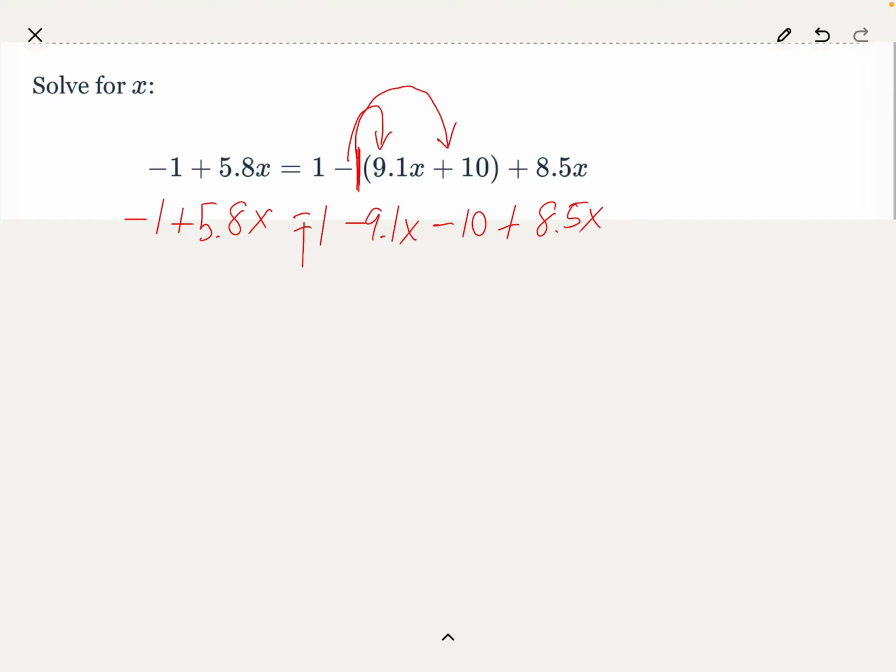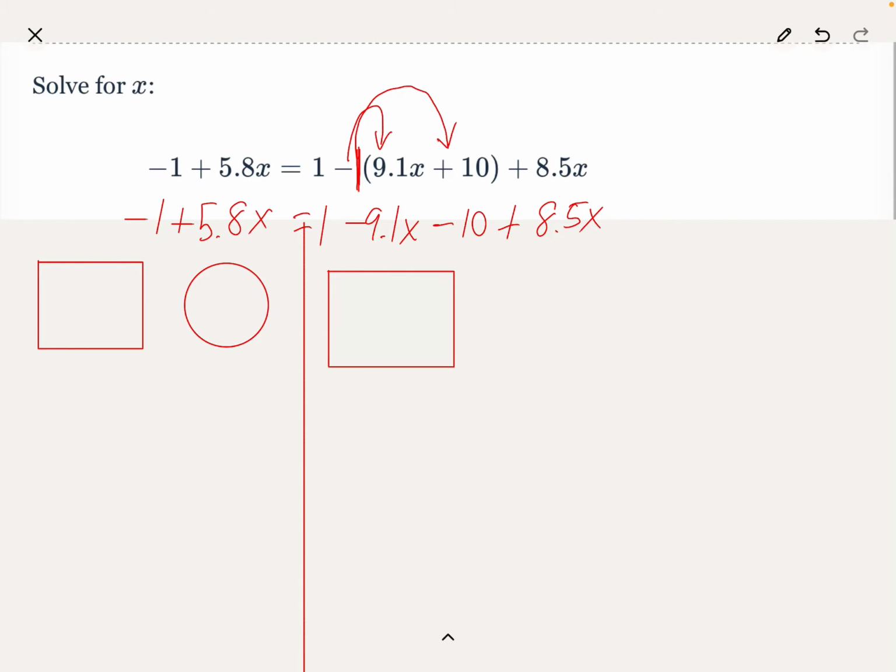So I am going to draw a line down, and I'm going to have a box and a circle, and then I'm going to have a box and another circle. So negative 1 will go in here. The 5.88x is going to go here. The 1 is going to go here.